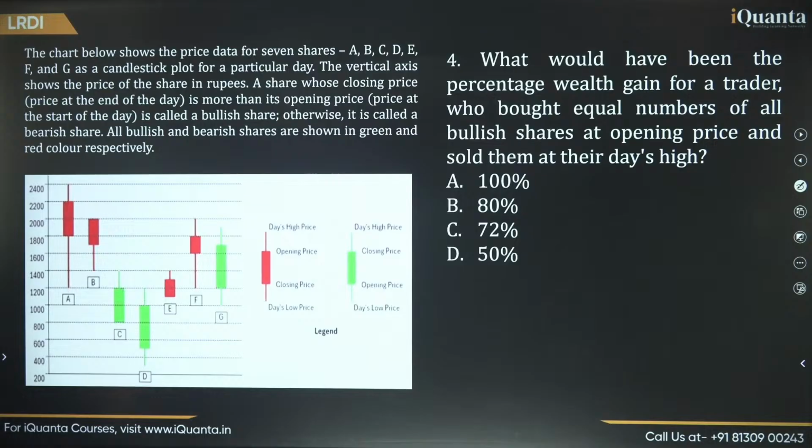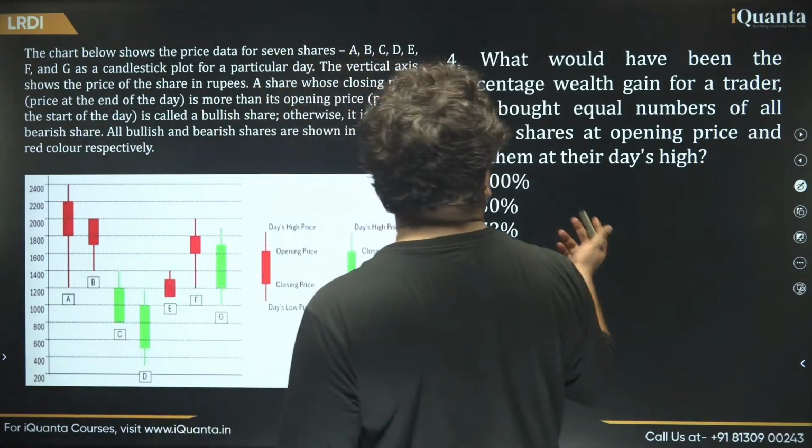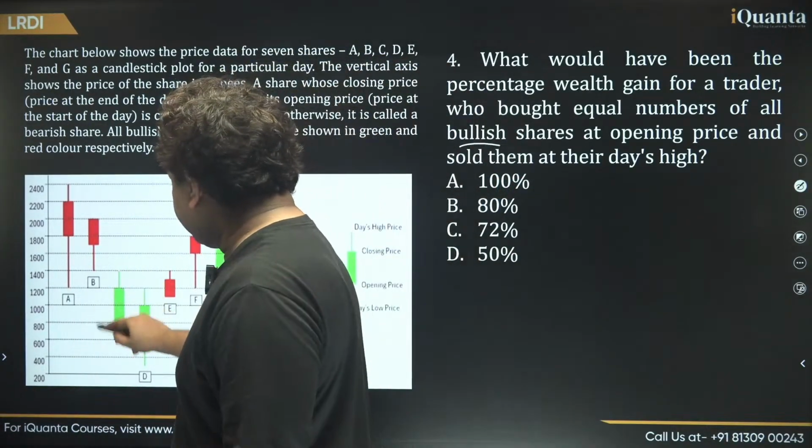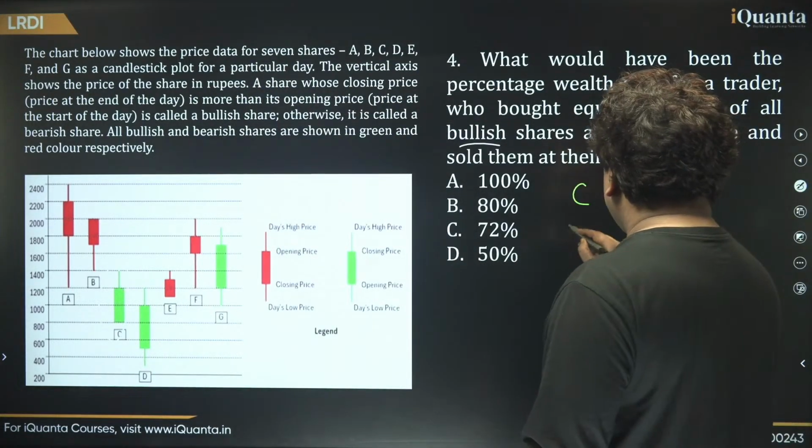Yeah, Ayushman. Bullish shares are green ones. C, D, and G. So C, D, and G.